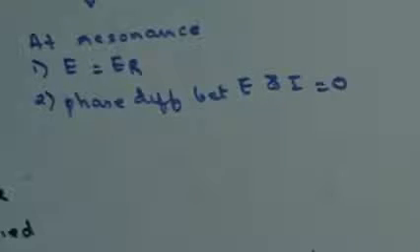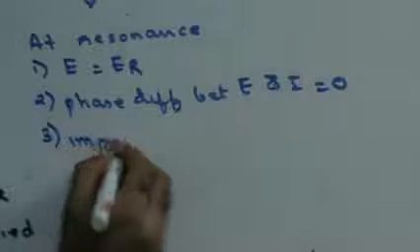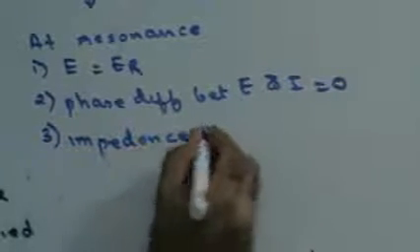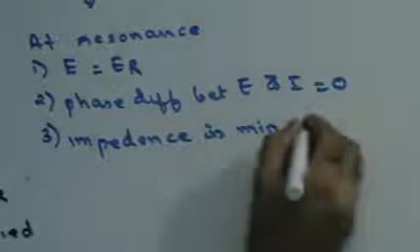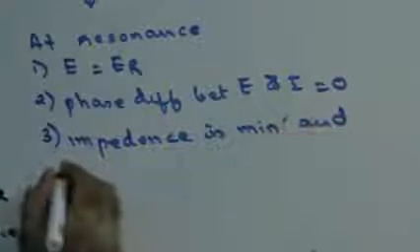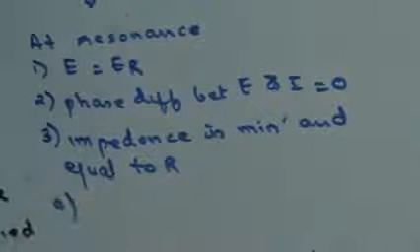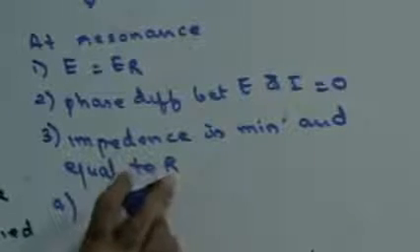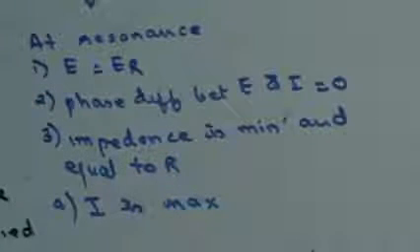The impedance is minimum and equal to R, the resistance. Fourth, since the impedance is minimum, obviously the current is maximum. Maximum current will flow through the circuit.